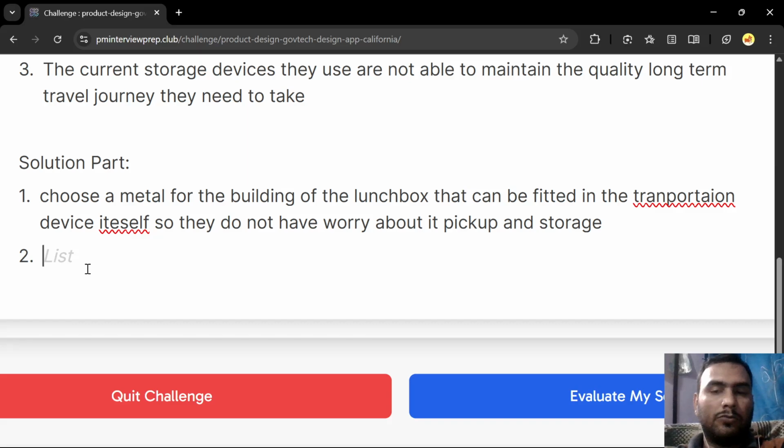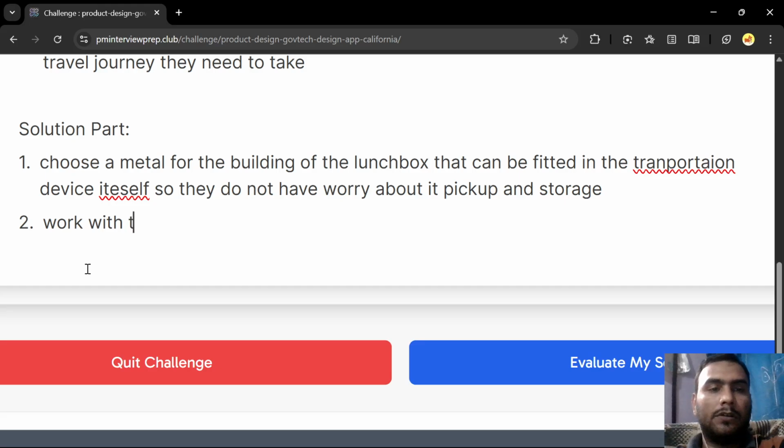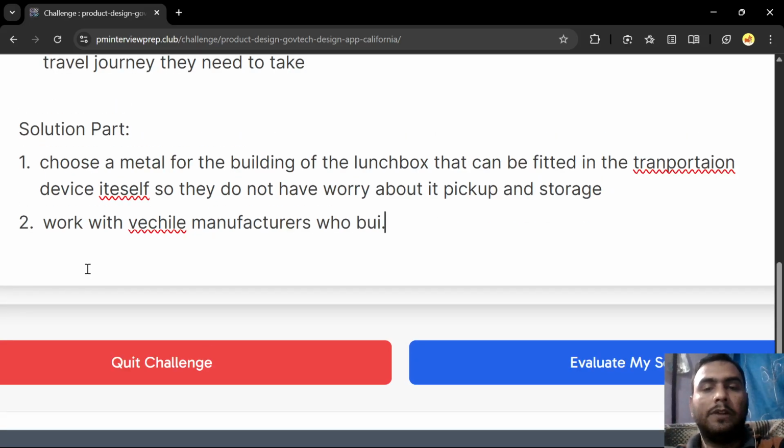So you would have to work with the vehicle manufacturers to build this transportation device.